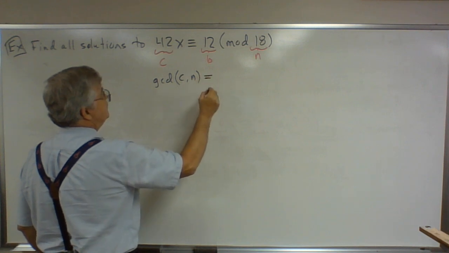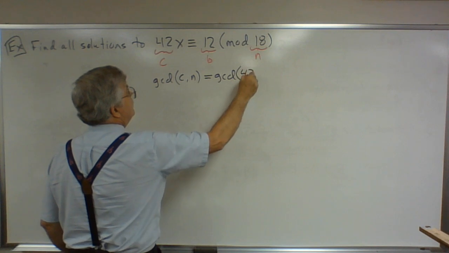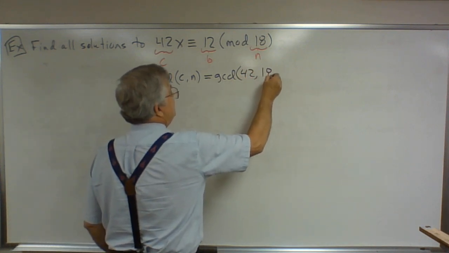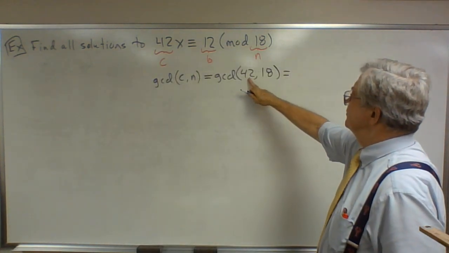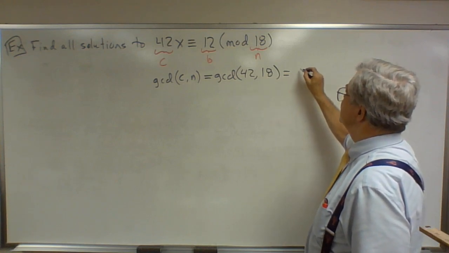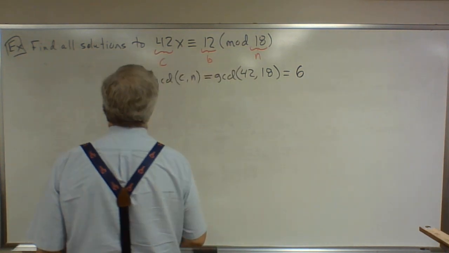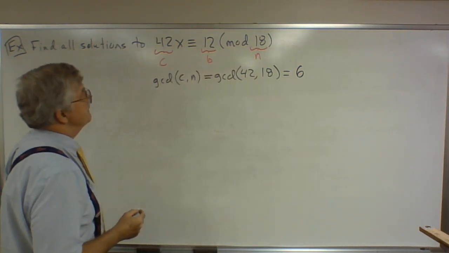Greatest common divisor of C and N is greatest common divisor of 42 and 18. Let's see, 42 is 6 times 7, and 18 is 6 times 3, so that's 6. Now it makes sense.